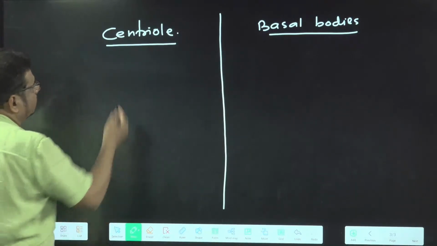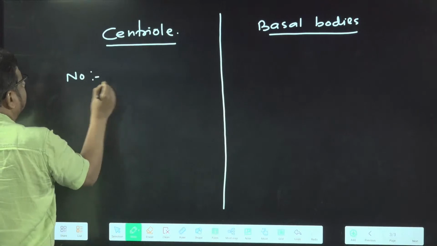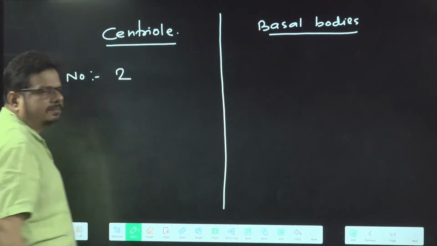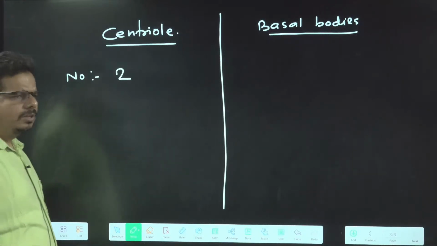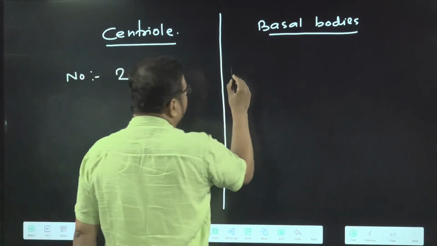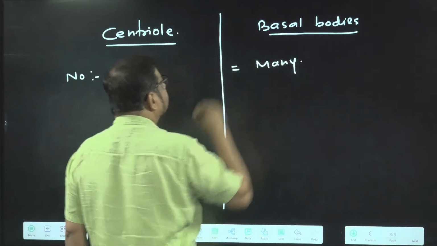Centriole number is 2 in a centrosome, while basal bodies are many in a cell.